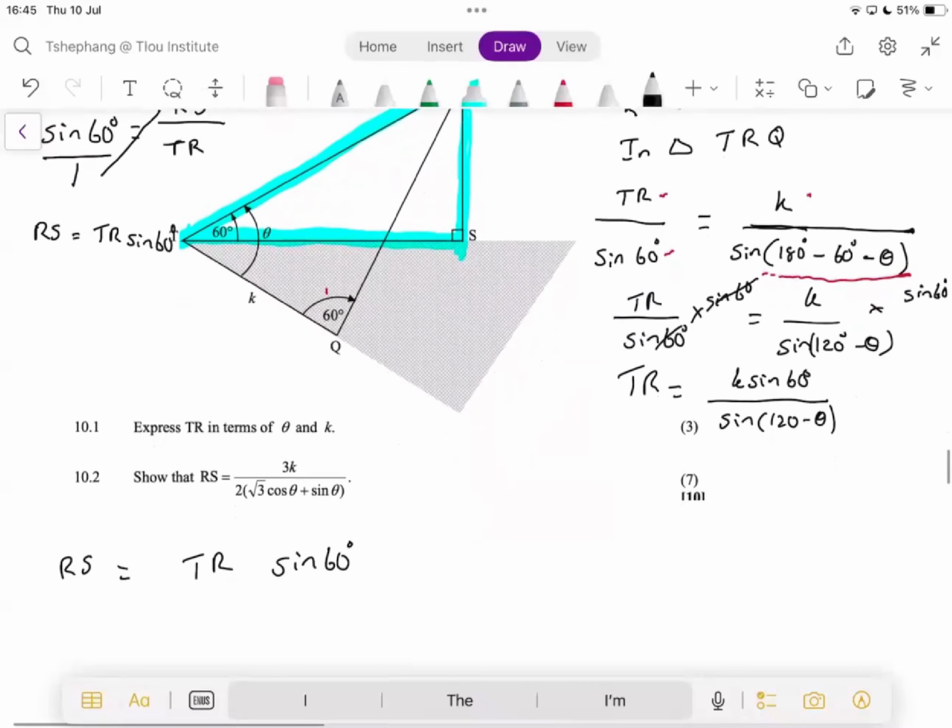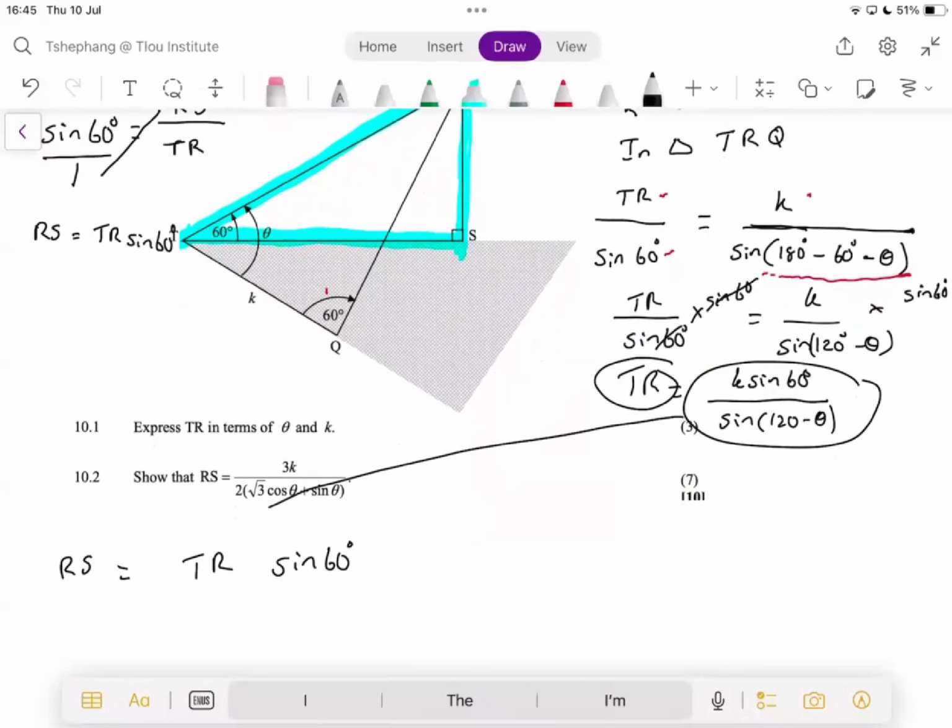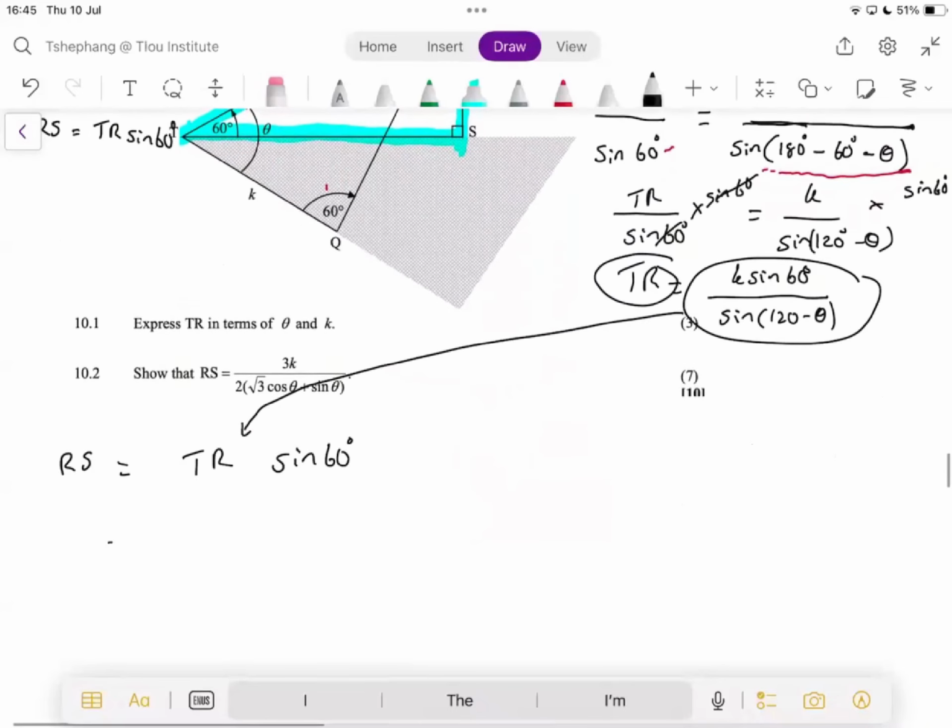But what do we know about TR? Take it as it is: K sine of 60 degrees all over sine of 120 minus theta. Sine of 60 degrees.